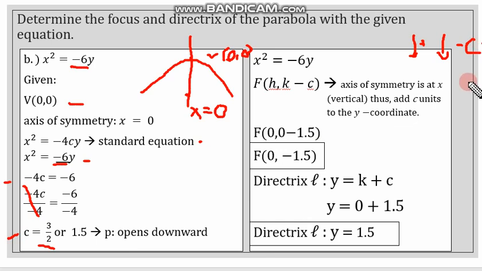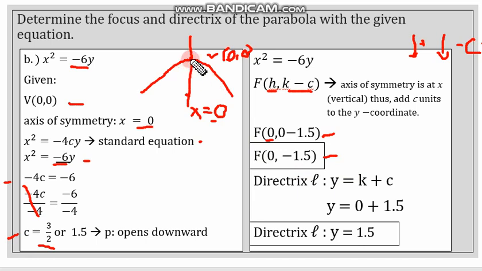When it opens downward, it is negative. Since our axis of symmetry is at 0, we know h is equal to 0. So the focus's x value stays put, which is still 0, because it is the same as the axis of symmetry, or h, in this parabola. So, subtract: k minus c, so 0 minus 1.5, so our focus is at (0, negative 1.5).